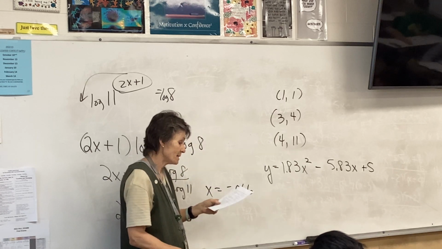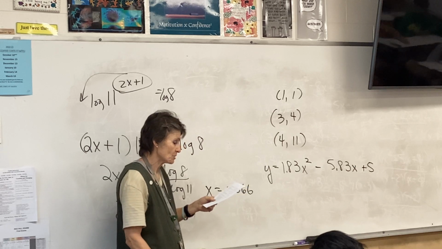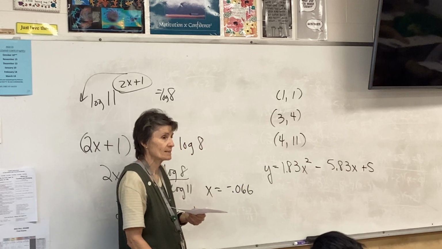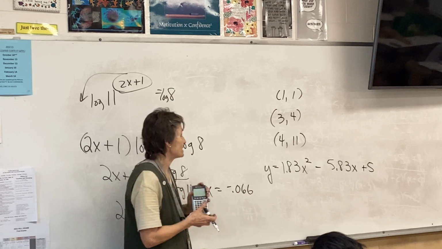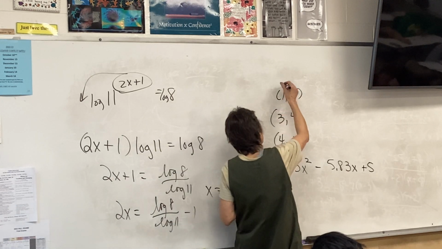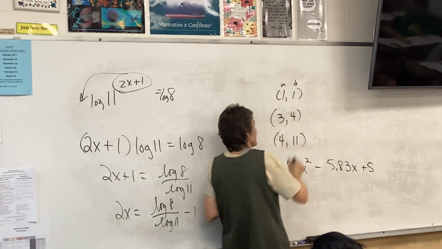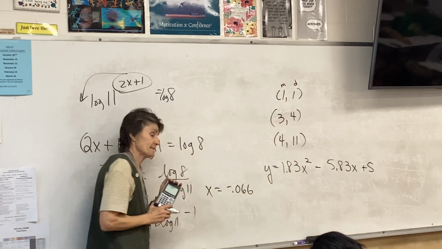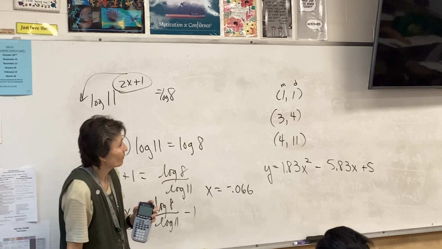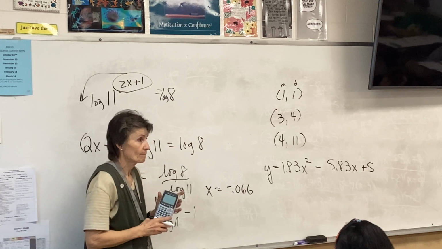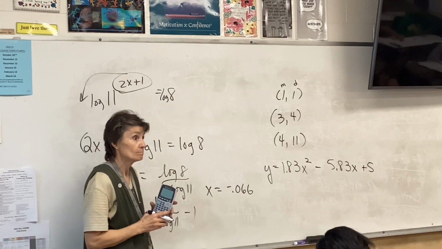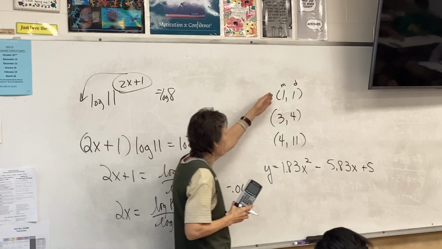Now, part B says, how many detentions will he get if he's 5 minutes late? Well, what am I going to do to figure out how many detentions? Remember, this was minutes and this was detentions when I set up my points. So how am I going to figure out how many he gets? Filling in a 5 for x. Yeah, 5 minutes.